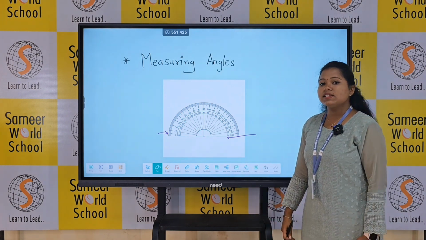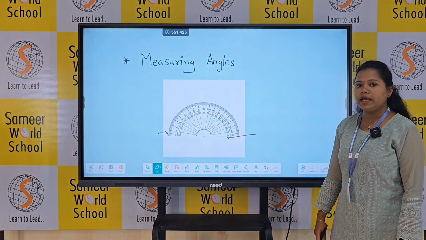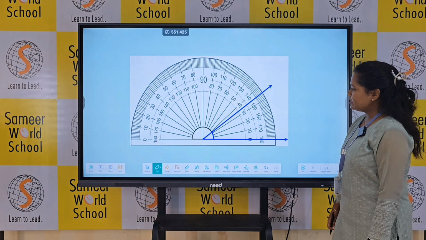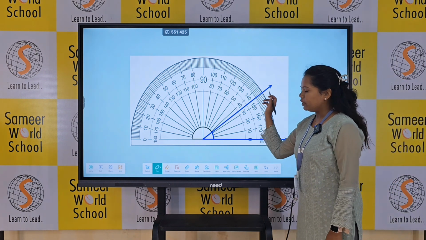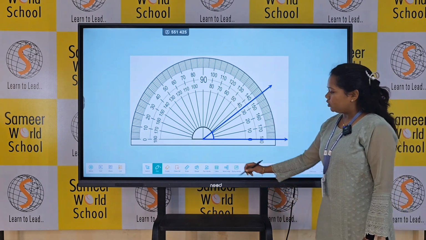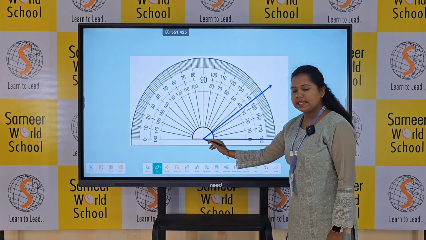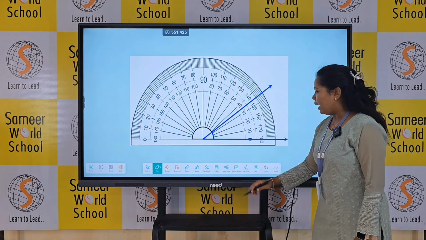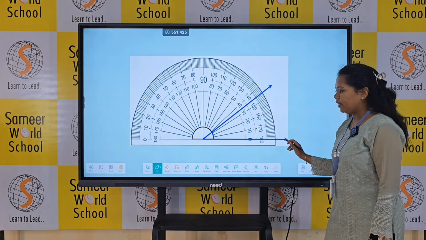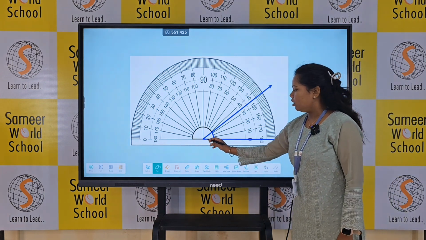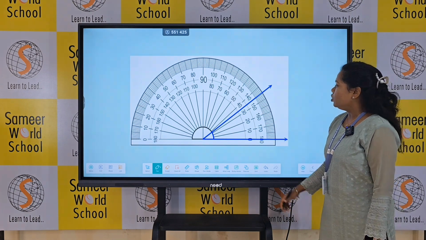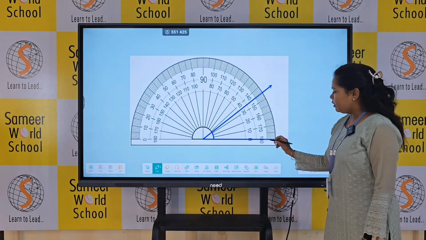So let's discuss how to measure an angle with the help of some examples. Over here we can see the blue part is showing an angle. Now the vertex of the angle is exactly fixed on the center of the protractor, and the horizontal arm of the angle is exactly situated on the horizontal arm of the protractor.